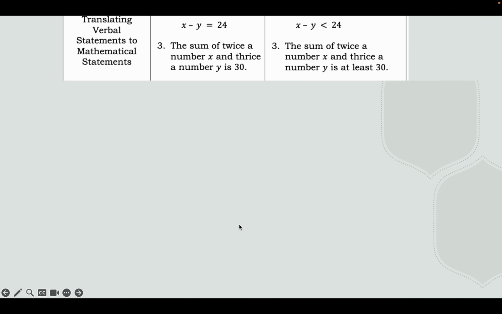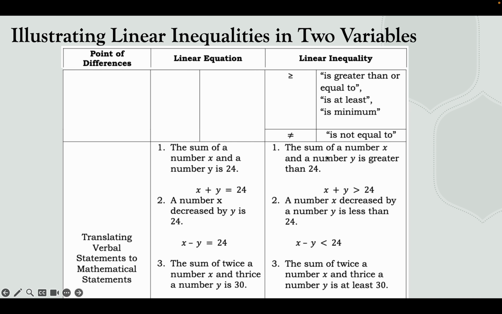For the linear inequality, the sum of a number x and a number y is greater than 24. So we have x plus y greater than 24. A number x decreased by a number y is less than 24. So we have x minus y less than 24.